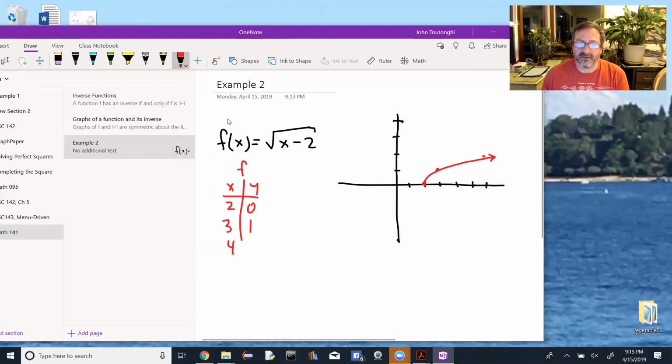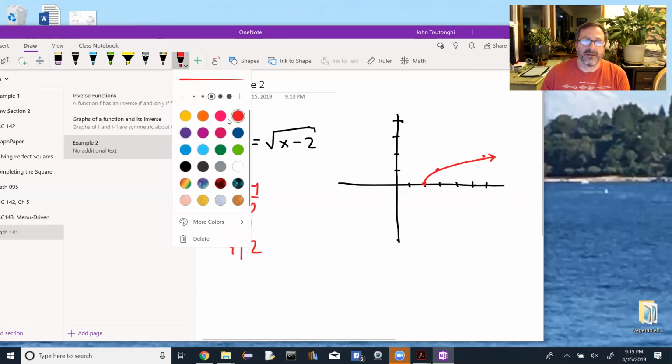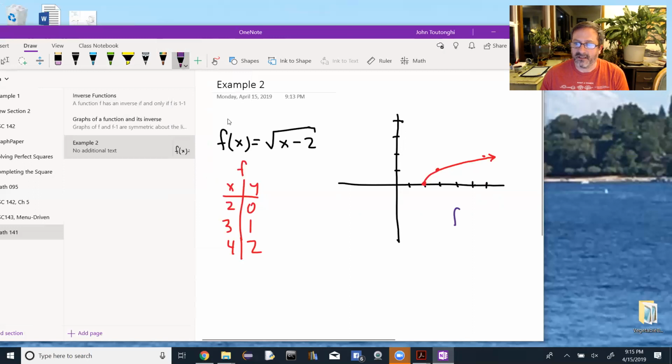And when x is 4, y is 2. Then I want to do the same thing over here for f inverse. Take those x and y values and swap them. So you're going to get 0, 2, 1, 3, and 2, 4.